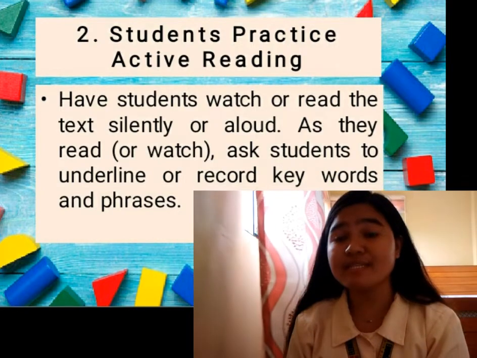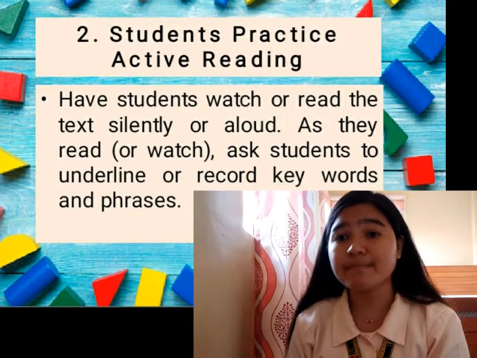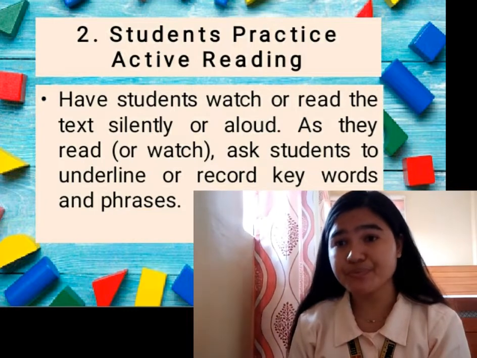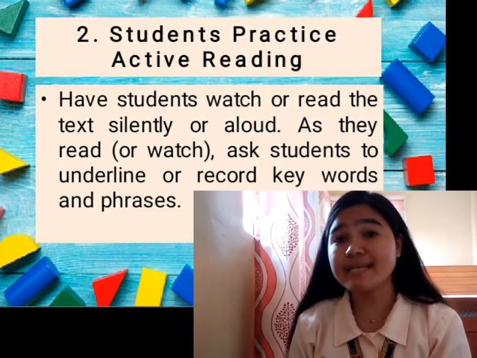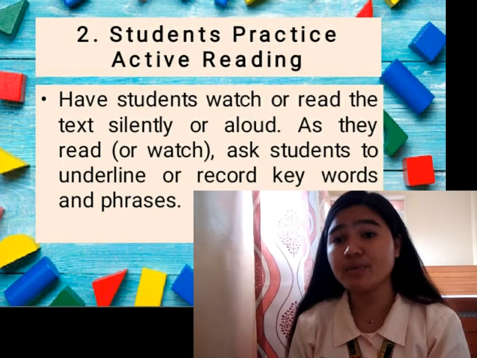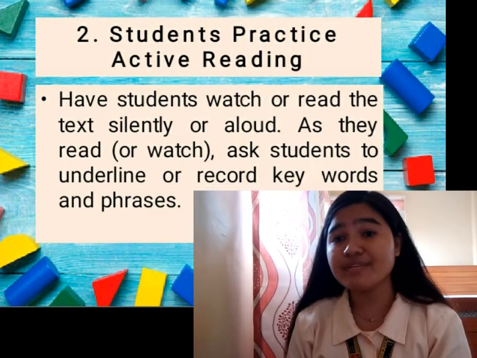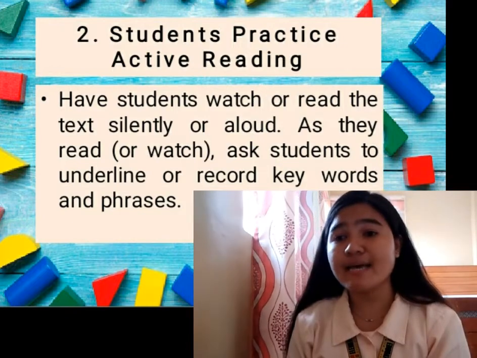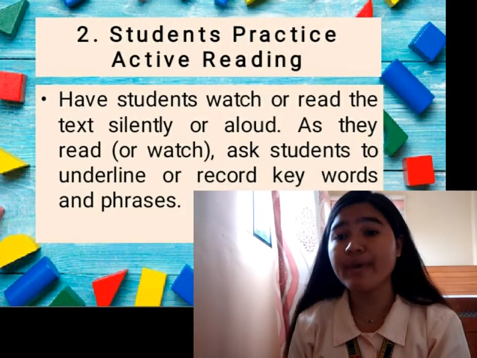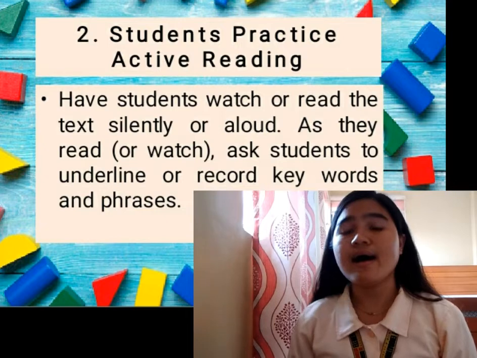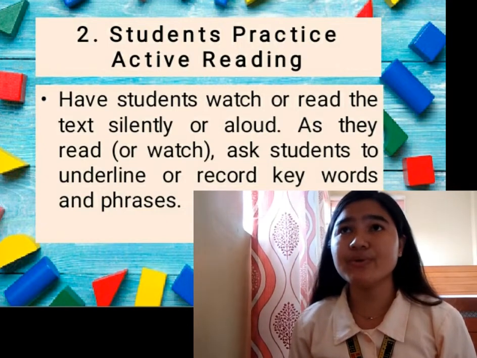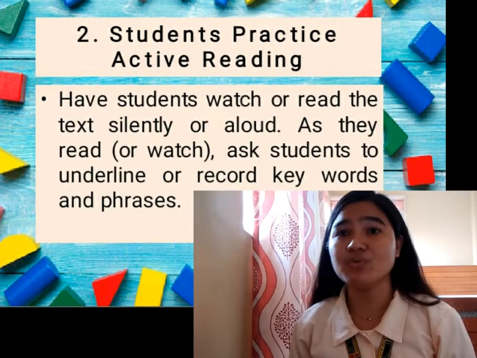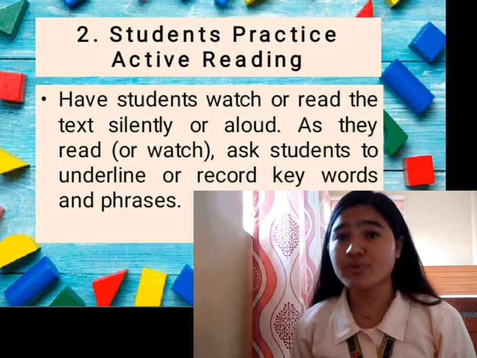After the wolf visits the first pig's home and blows the house down, the teacher may ask students, what do you think will happen next when the wolf visits the next pig's home? The teacher is asking the students to make a prediction. As the students continue to read, they will find out whether their prediction was correct.